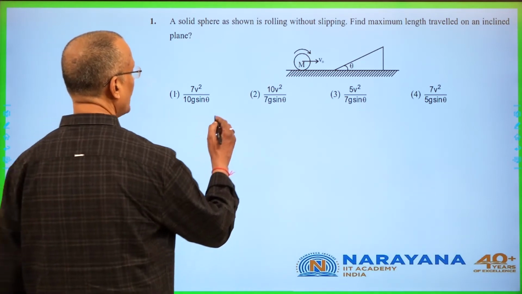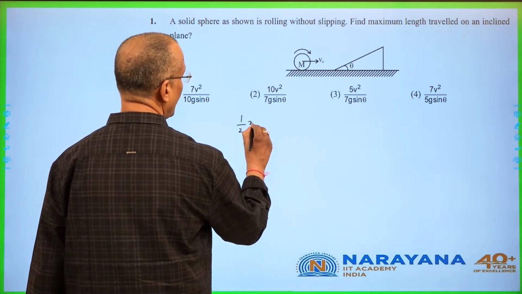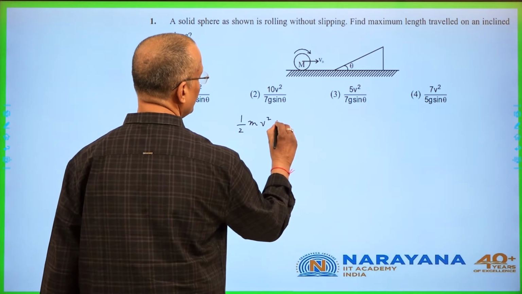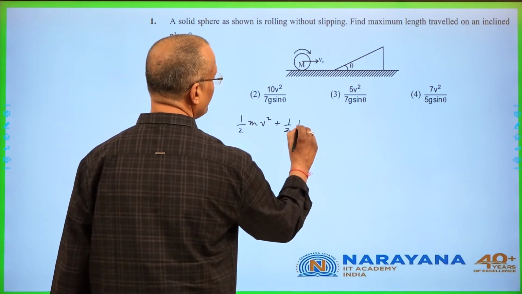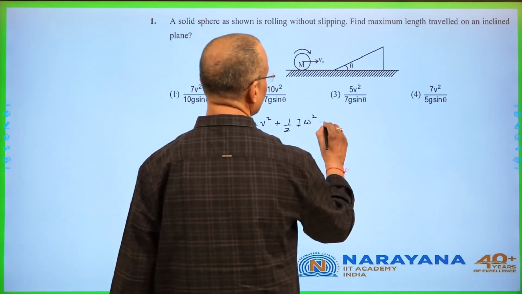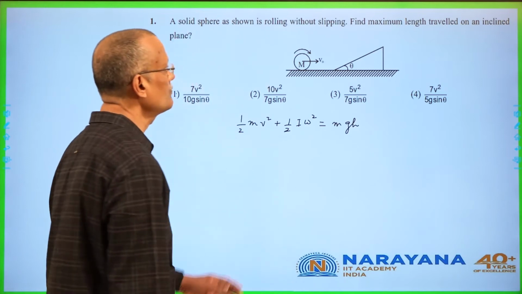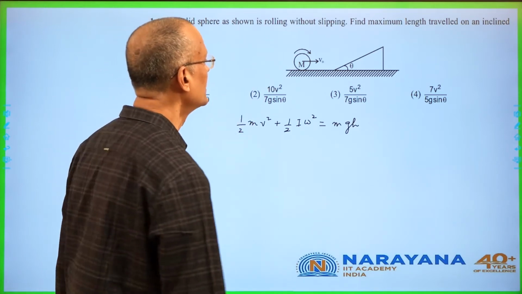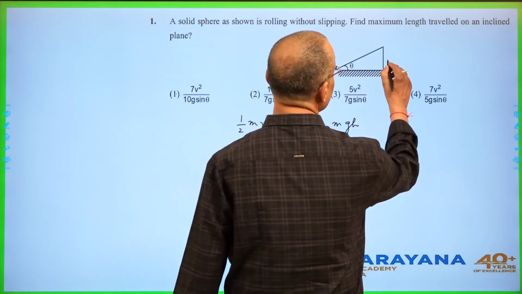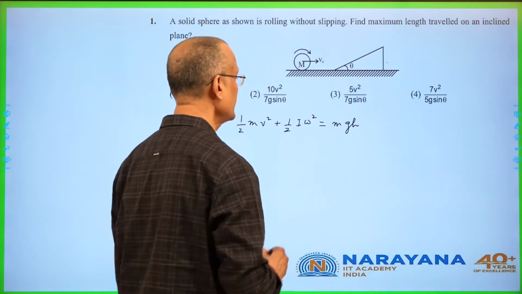First, you take how much kinetic energy it has. Translational half mv squared, rotational half I omega squared, and this will be equal to mgh. They are asking you to find the maximum length travelled. Suppose it is travelling a length L, then this height h will become L sine theta.